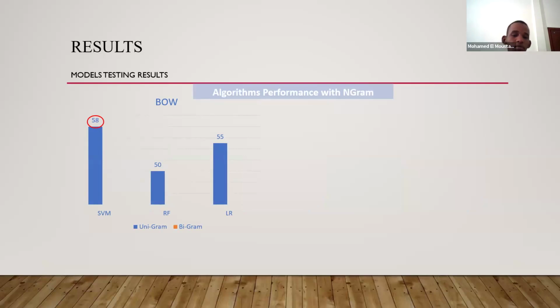Firstly, we used unigram and bigram with the bag-of-words approach. We found that the SVM algorithm achieved a result of 58, the highest compared to logistic regression and random forest. Likewise, when you look at the bigram, logistic regression achieved the higher result.